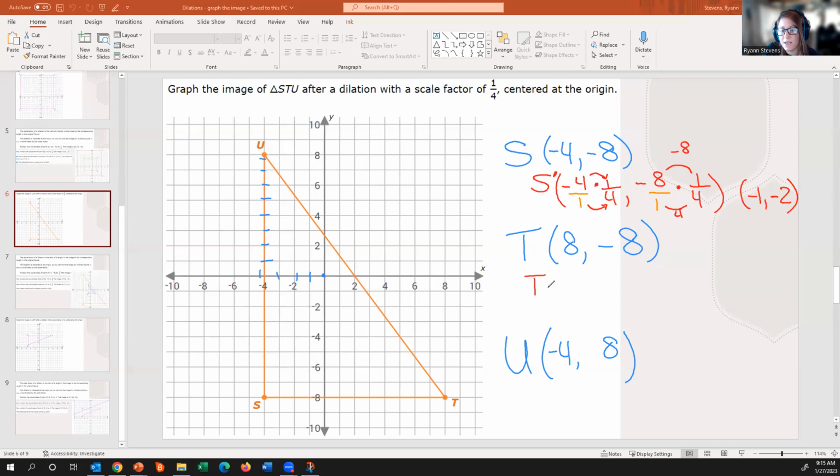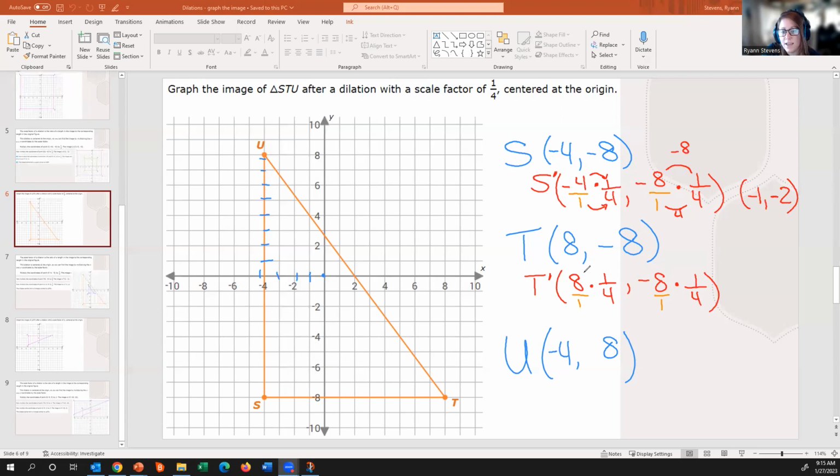And then the image of T, we're going to do the same thing, 8 times 1/4, and then -8 times 1/4. And we can write these whole numbers as fractions, make it a little bit friendlier to solve.